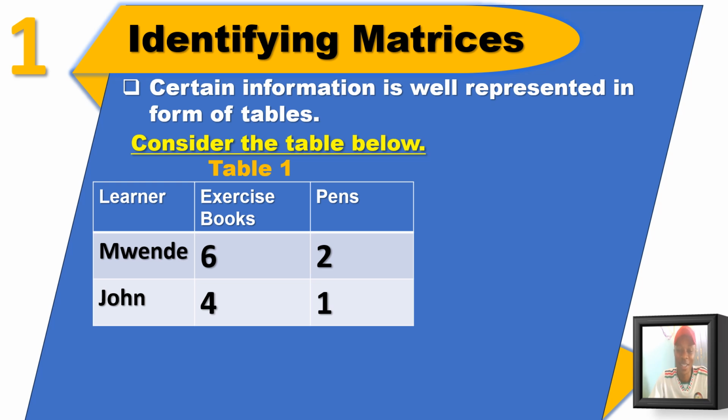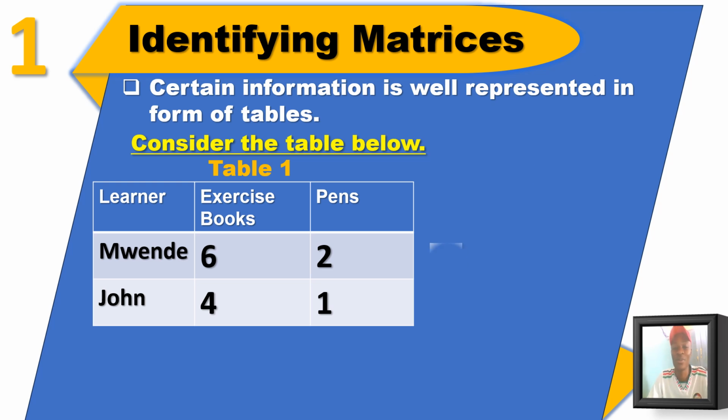So you can represent this information from this table in the form of a matrix. Let's see what happens when we transfer the information from the table to a matrix.